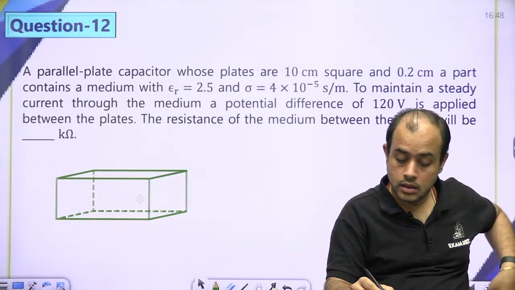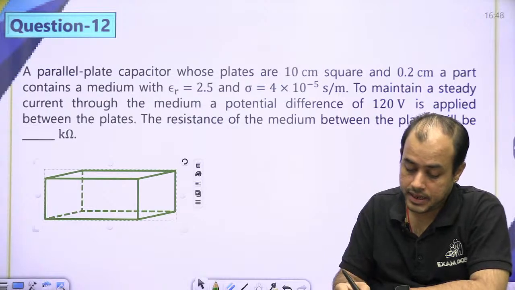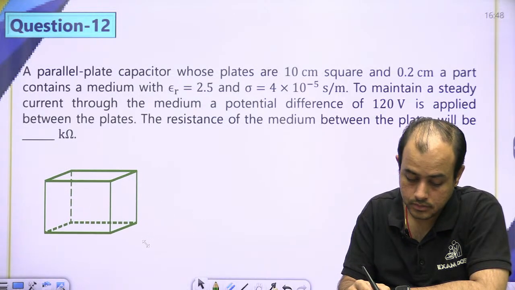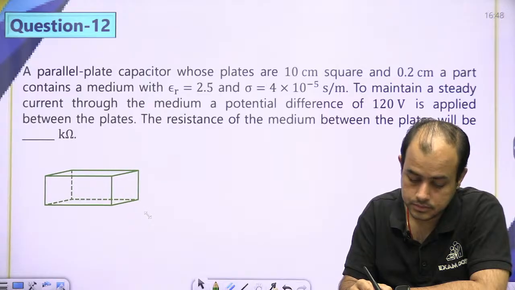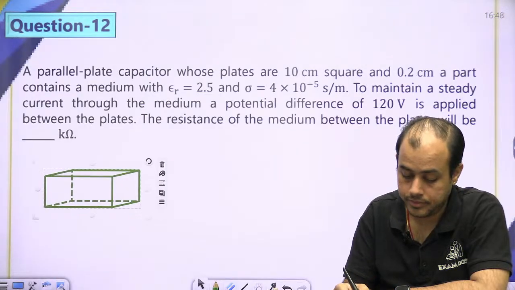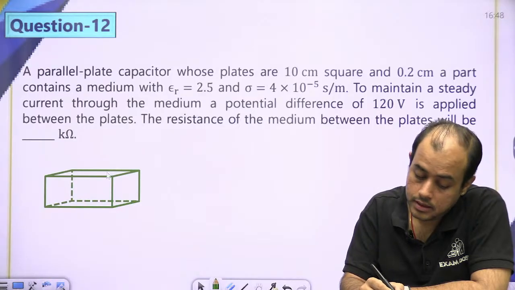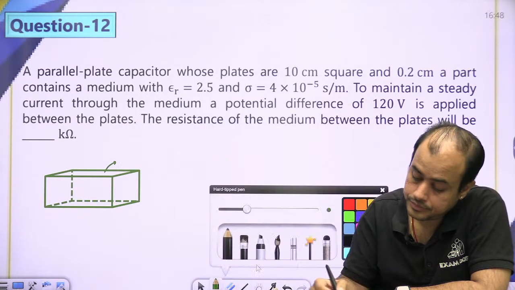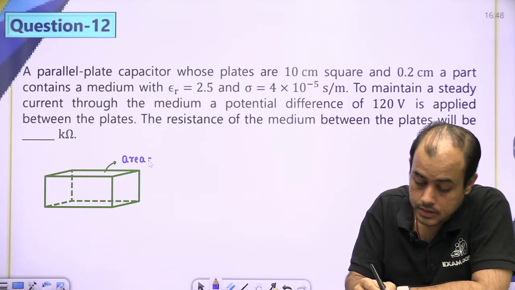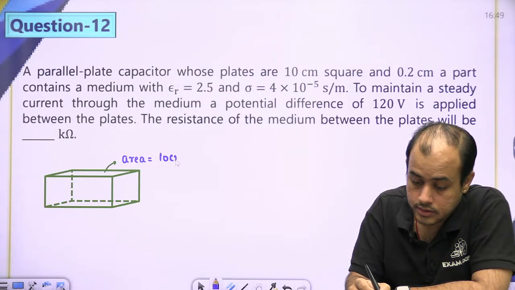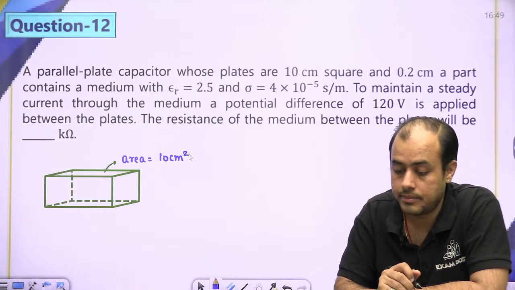so this is a parallel plate capacitor. Now the plates are square. Okay. So now this area is 10 centimeters square. Okay.